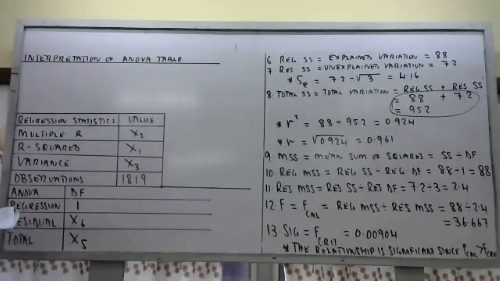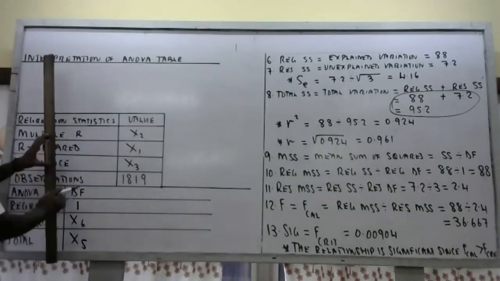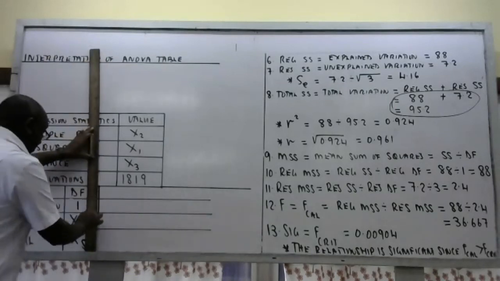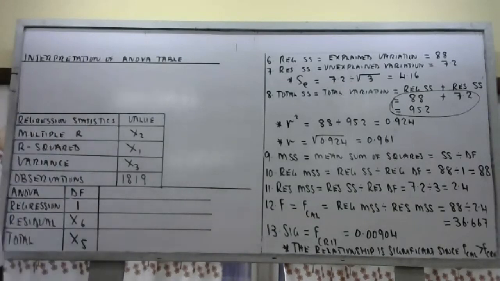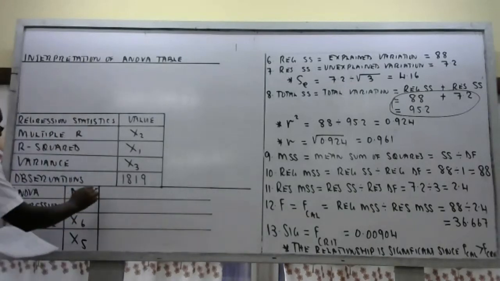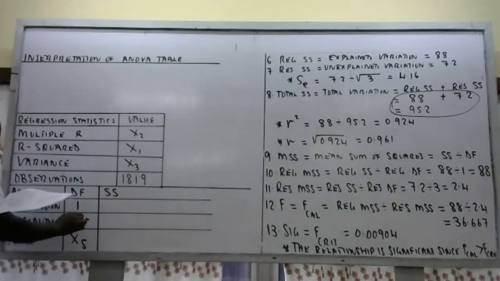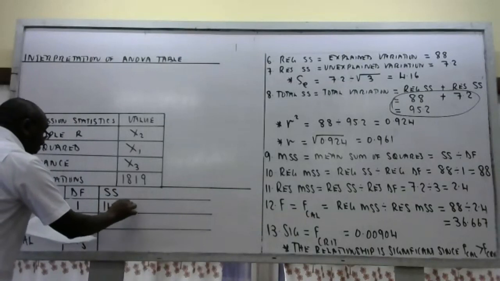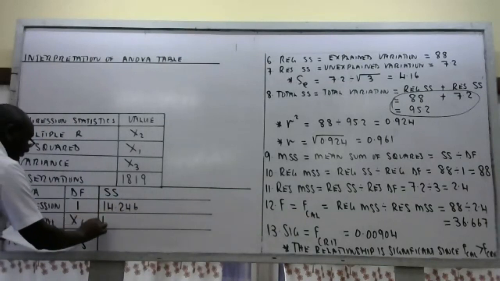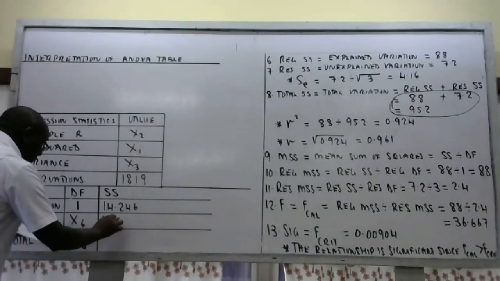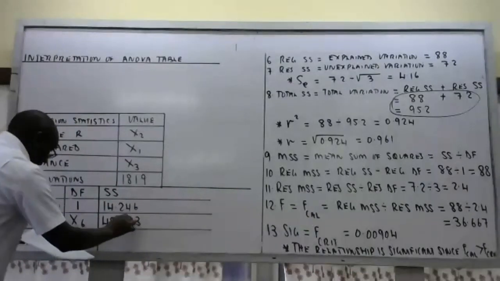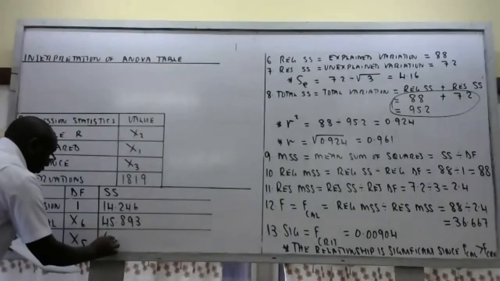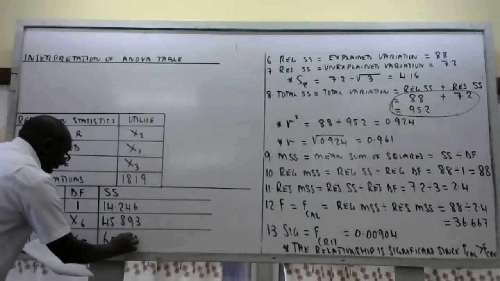Oh, hatuna 4. Lakini ushaandika. So wacha ikae tu hivyo. Let me not delete so much. The next one is SS. SS tumepewa 14.246, na hii ni 45.893, na hii ni 60.139.